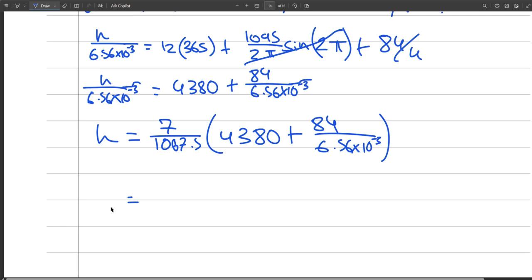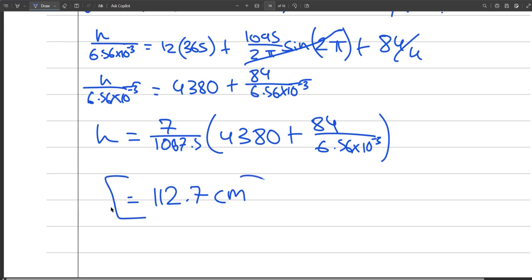Putting this all in my calculator gives me height equals 112.7 centimeters.